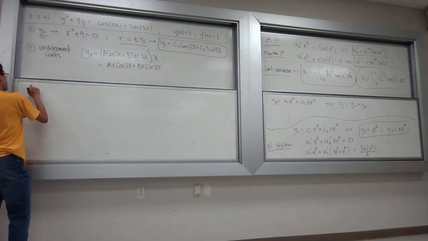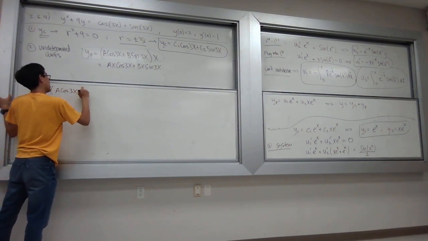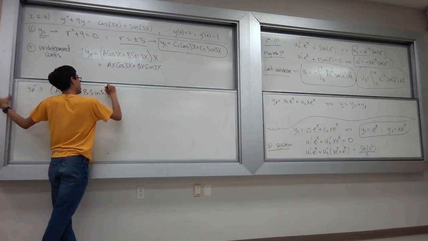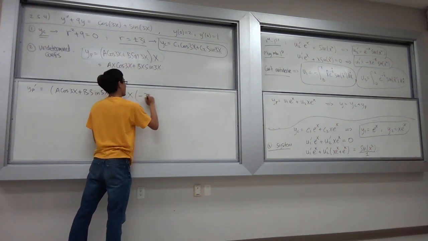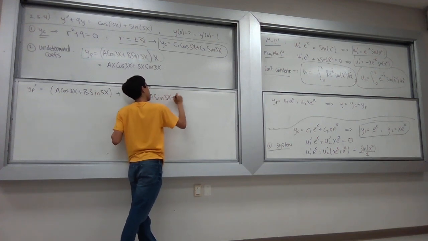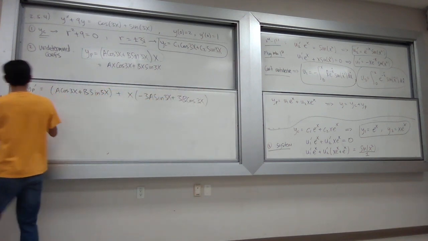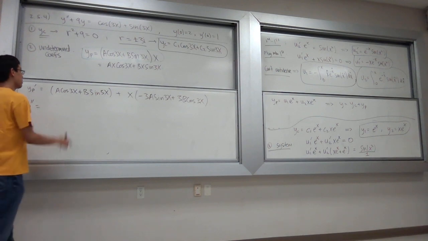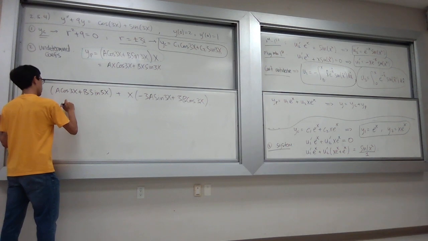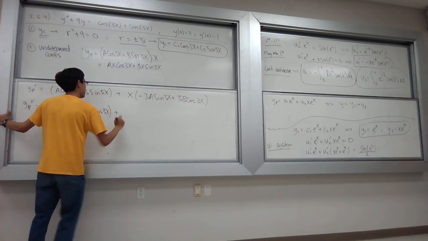So yp prime is just a cosine 3x plus b sine 3x, plus x times the derivative of this: negative 3a sine 3x plus 3b cos 3x. Differentiate this again. So this is going to be negative 3a sine 3x plus 3b cos 3x plus, this will give us two new terms.